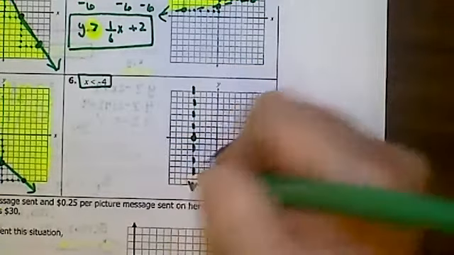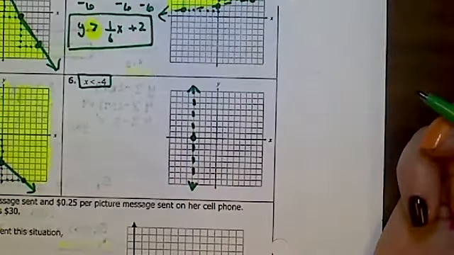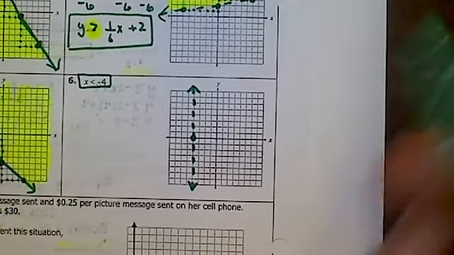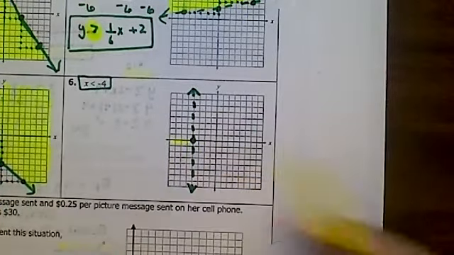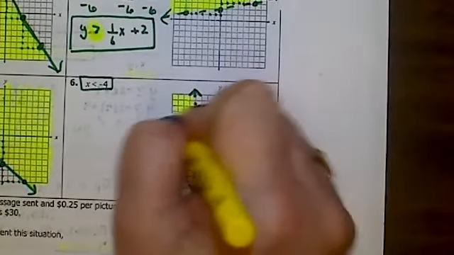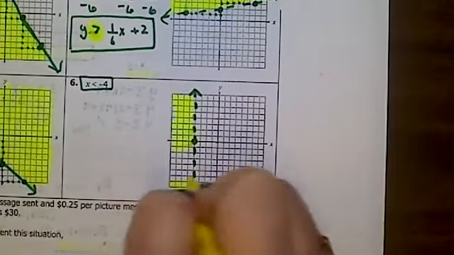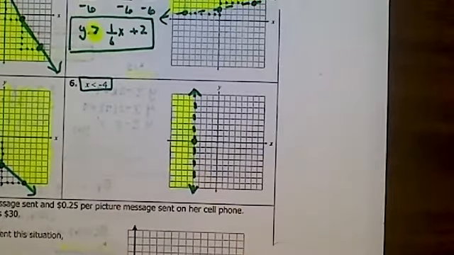I'm making it dotted because it is not equal to negative 4. And now I'm going to look to where the x's are less than negative 4. The x's to the left are less than negative 4. So we're going to color to the left of that line.